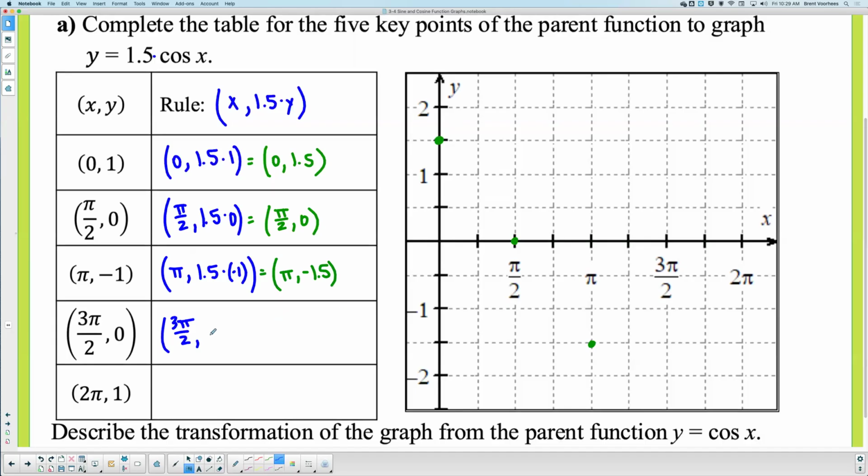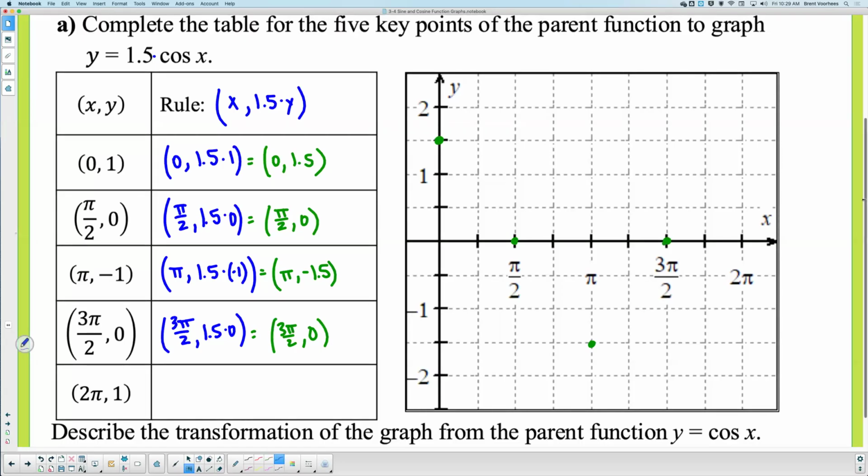And then 1.5 times 0. Because that's the rule. 1.5 times the y. So we have 3 pi over 2. What's 1.5 times 0? 0. So 3 pi over 2, we have a 0 here.